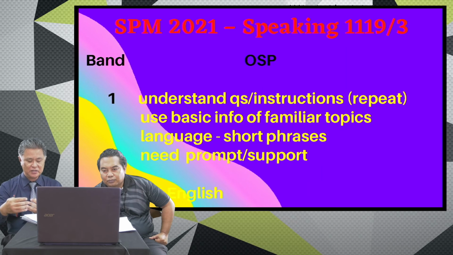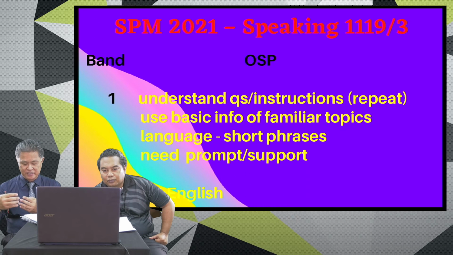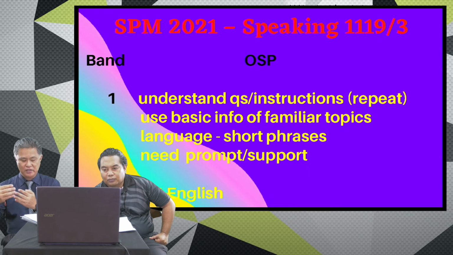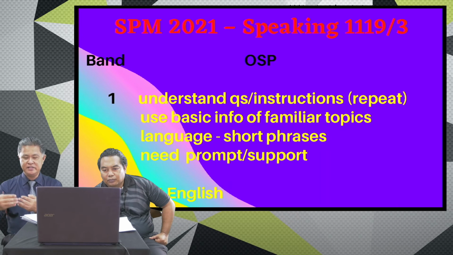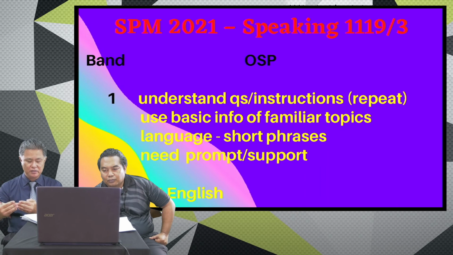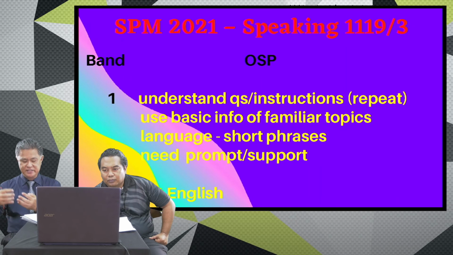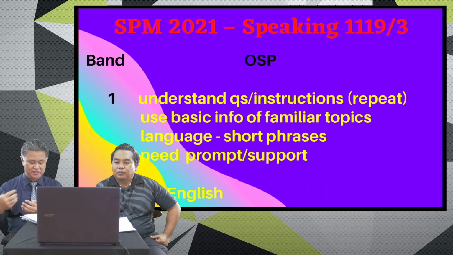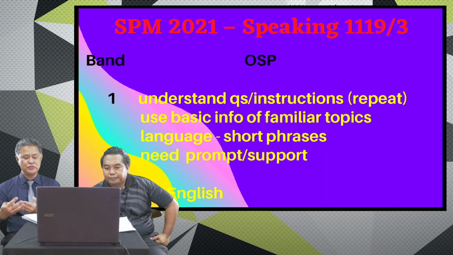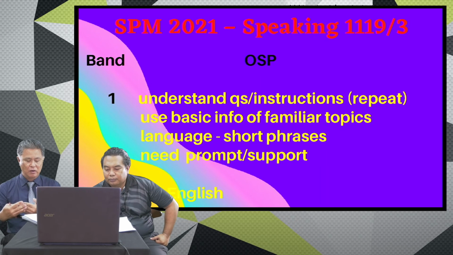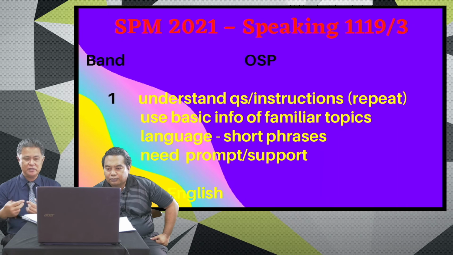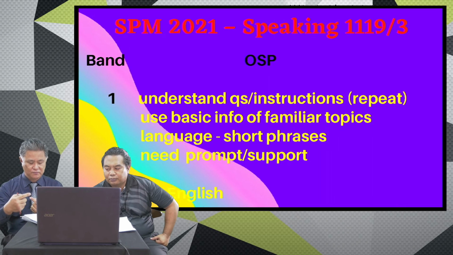For band 3, they understand questions and instructions on familiar topics, but this one they understand but need repetition. They only produce basic information on a familiar topic, with short phrases.